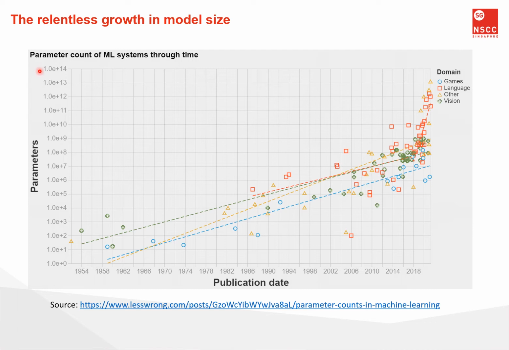So this is a very large number. It's more than a trillion parameters, whereas down here is only 10 to the power 1, which means just 10. So this is a log scale, and you can see that basically the trend is exponential growth.